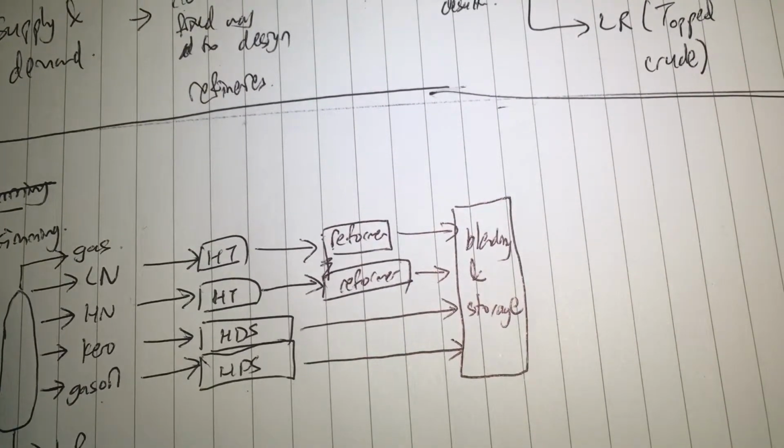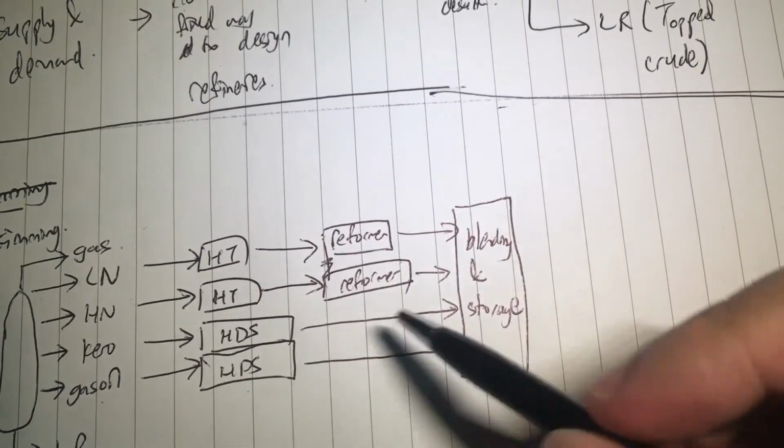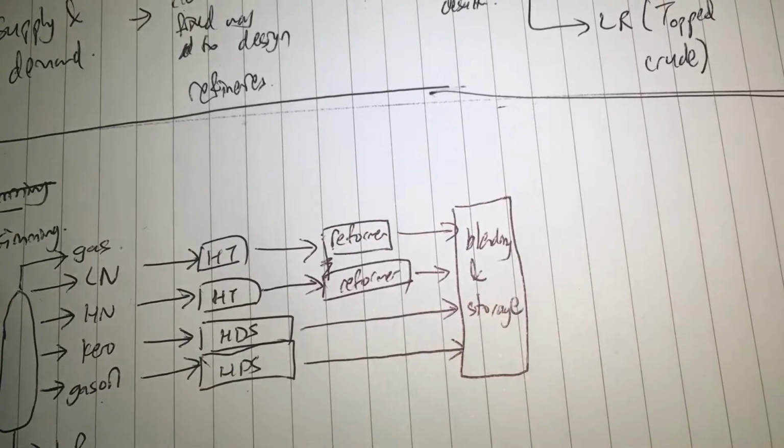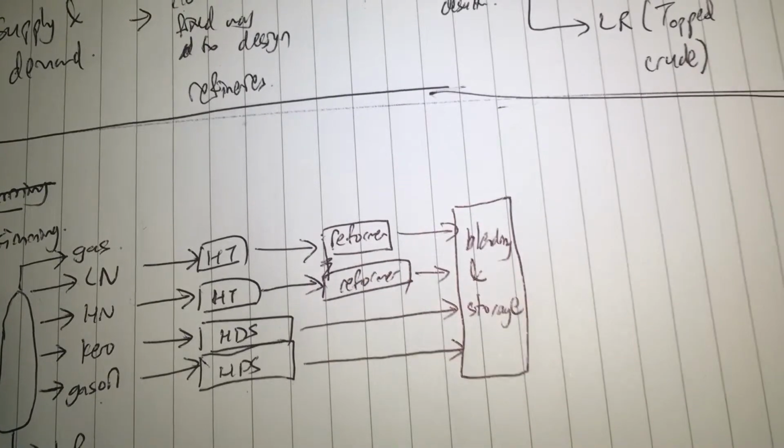So what does the blending and storage do? It basically mixes all these fuels, all these cuts in the appropriate proportions so that the specs are met and it's suitable for customer end use.